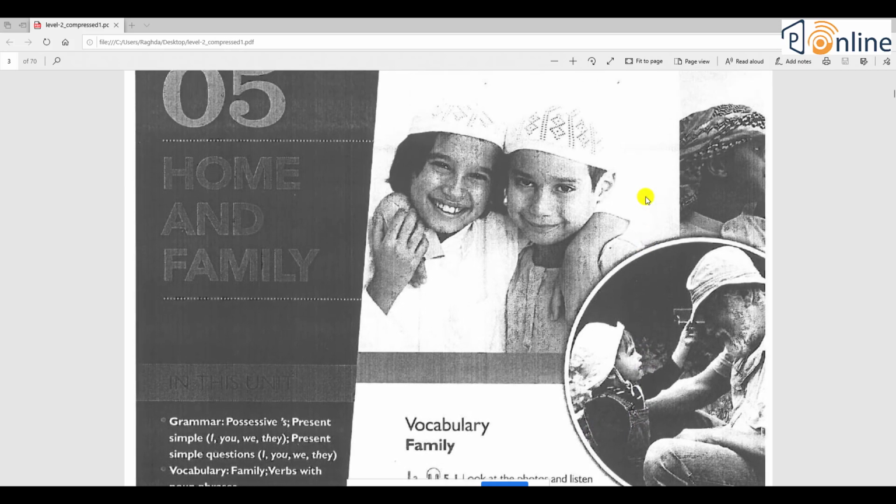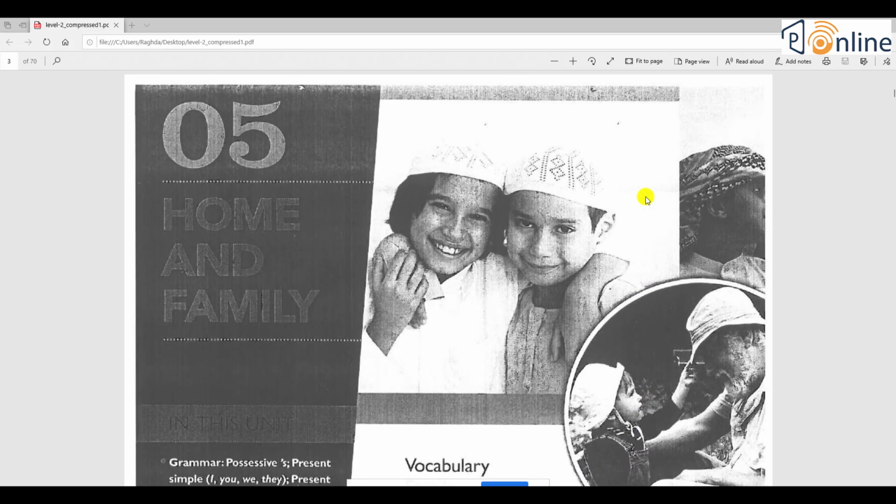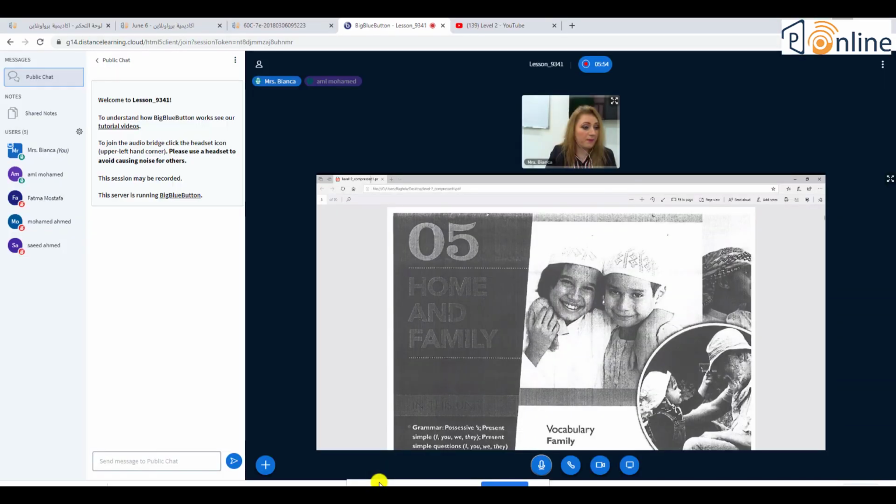Now, here it is. If you look at the first page, you may see a few images. As Said was saying earlier, very well Said, you can see some small children, and also, what else do we see here on this page? Let's see. Amal, what else do you see on the first page? I see children.